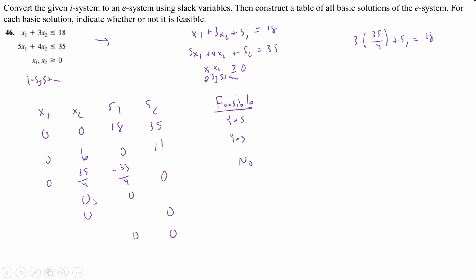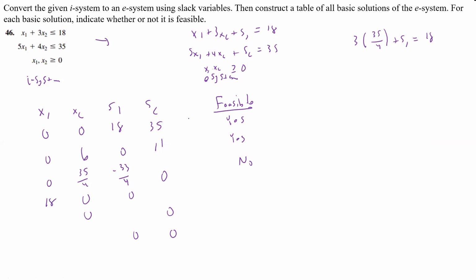All right, now we have x2 and s2 are 0. So that means here, if we solve that one, we're going to say, okay, 5x1 is 35. Wait, we're on S1. I'm doing the wrong one. X2 and S1, so those two are 0. So that's 18. So that gives us 18.